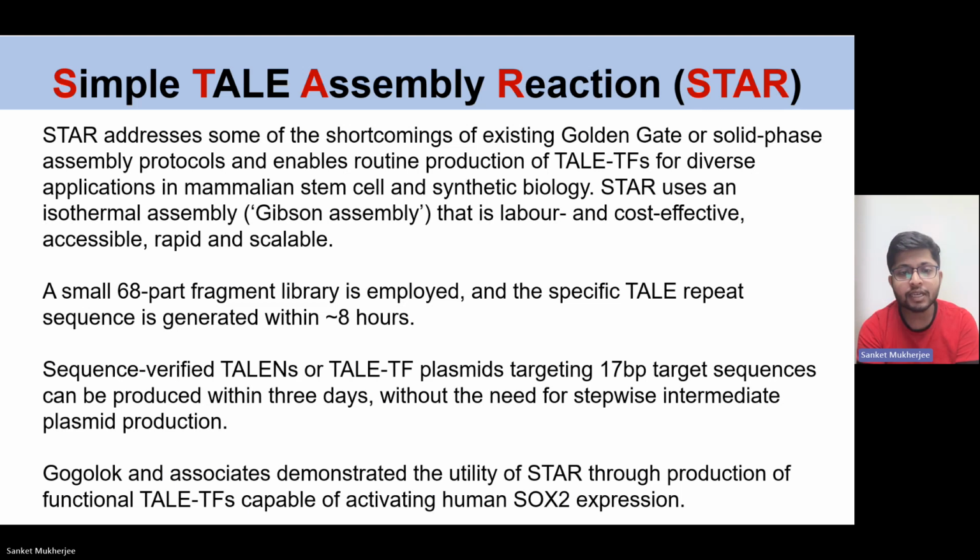Sequence-verified TALENs or TAL TF plasmids targeting 17 base pair target sequences can be produced within 3 days without the need for stepwise intermediate plasmid production. Gogolok and associates demonstrated the utility of STAR through production of functional TAL transcription factors capable of activating human SOX2 gene expression.